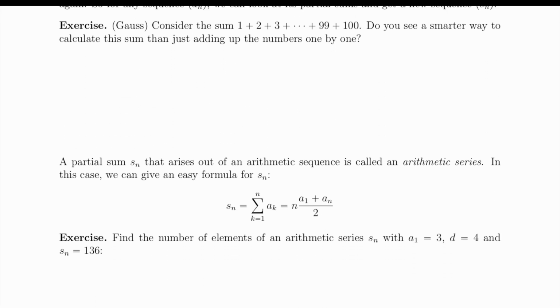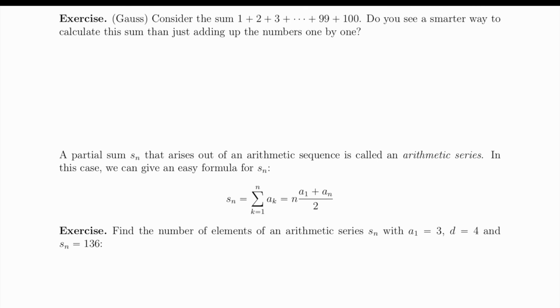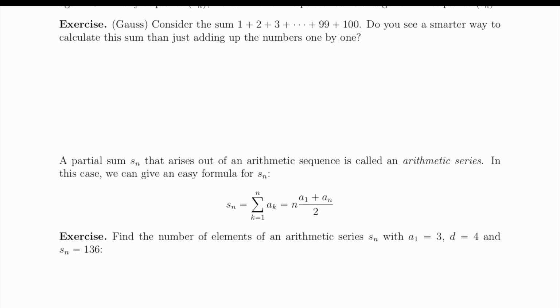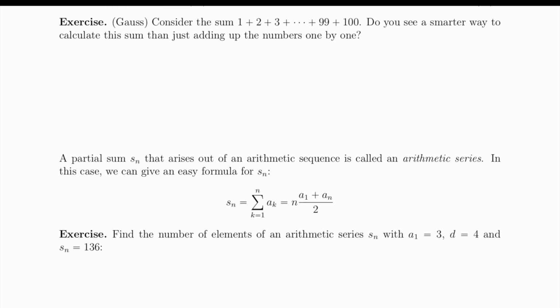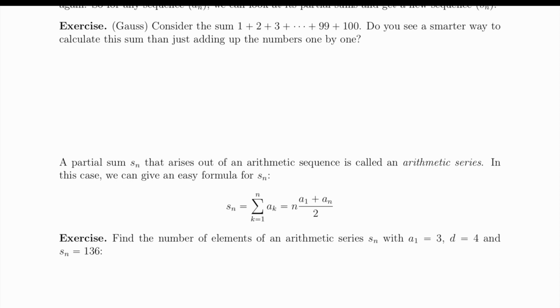All right, then we looked at the example of Gauss having to sum up the numbers between 1 and 100, and here we saw that there's a smarter way than just adding 1 plus 2 is 3 plus 3 is 6 and so forth.